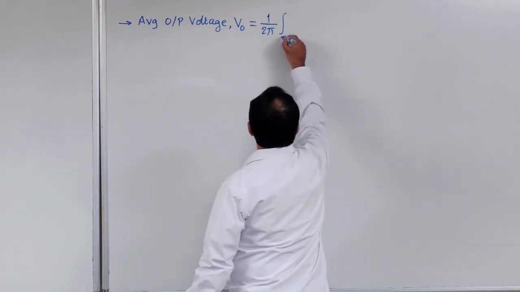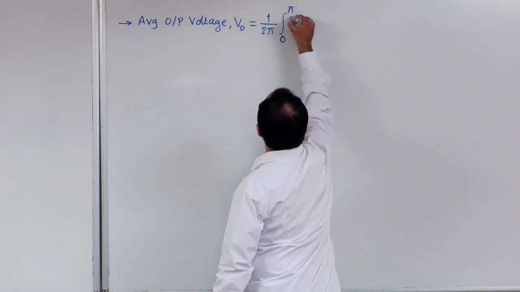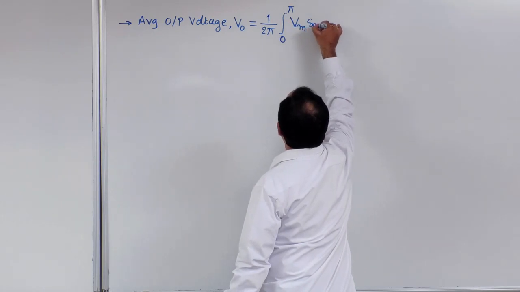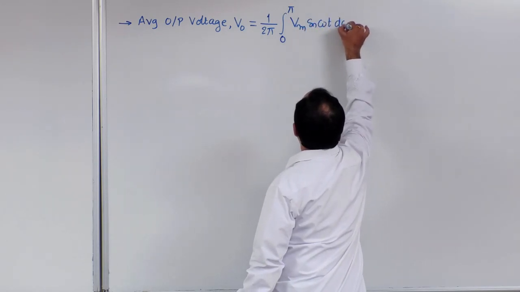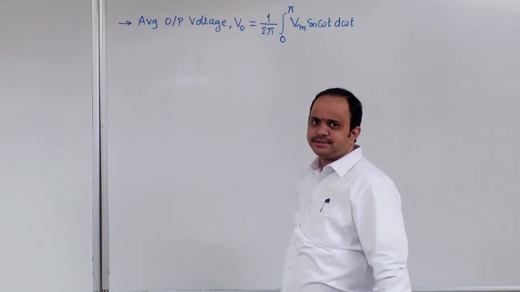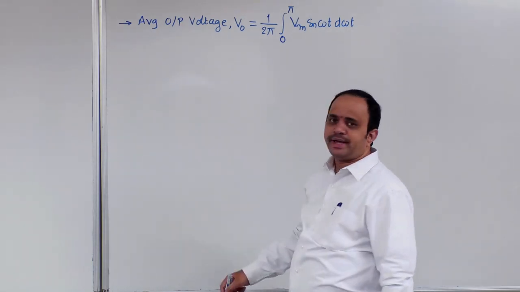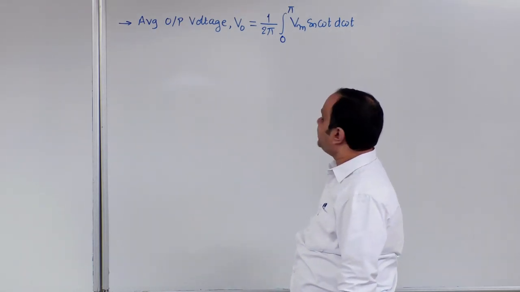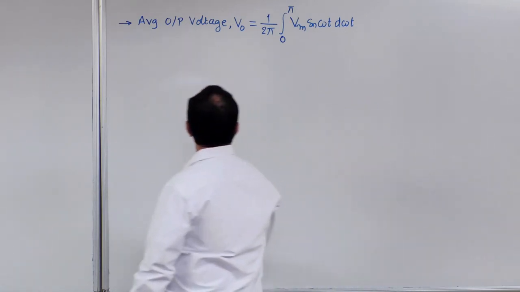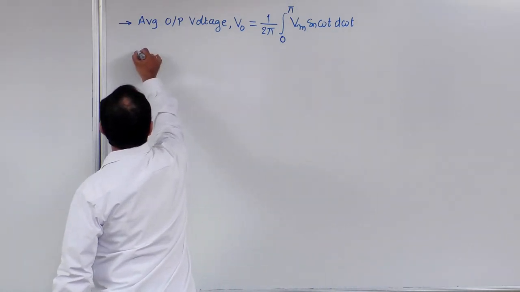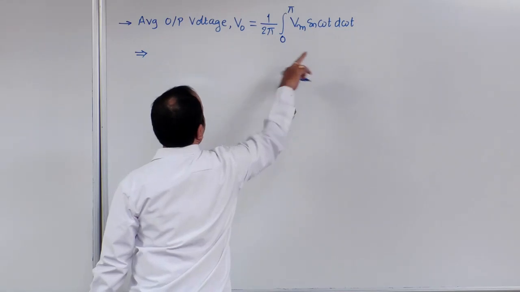What are the limits? That is from 0 to pi, Vm sin omega t d omega t. Okay, 1 by 2 pi integral 0 to pi Vm sin omega t d omega t. Integration is with respect to the x axis.